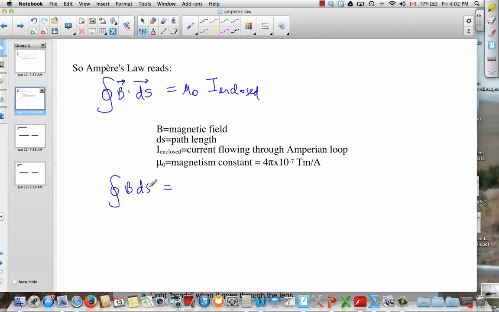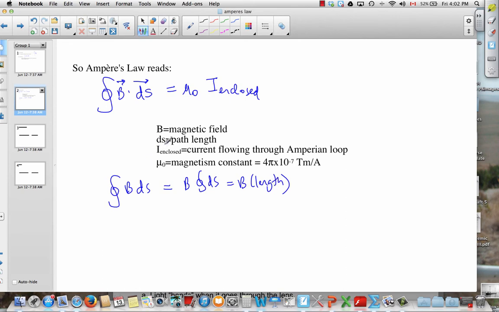And then if we pick our loop appropriately, our Amperian loop, the magnetic field will be constant. And then if we add up ds all the way along the loop, that's just B times the length of the loop. And then it depends on the shape. For instance, if it's a circle, that would be 2 pi r. But if it's a nice straight line geometry, then it would just be L.